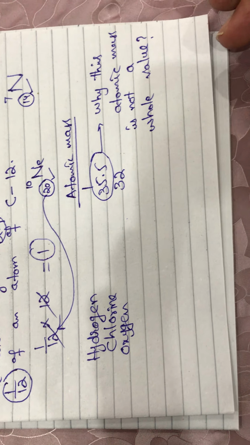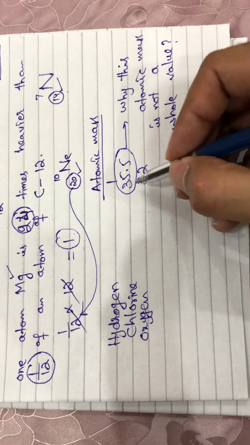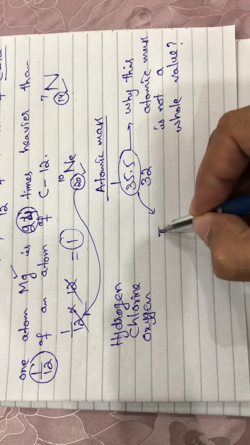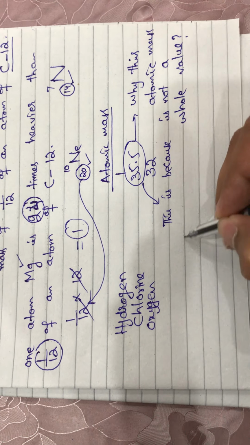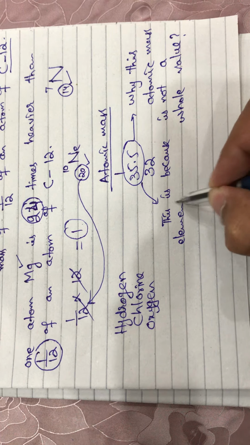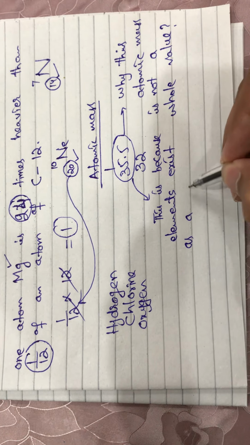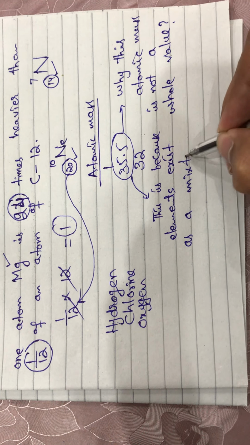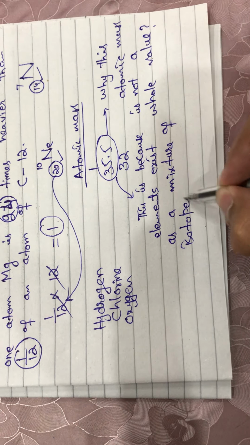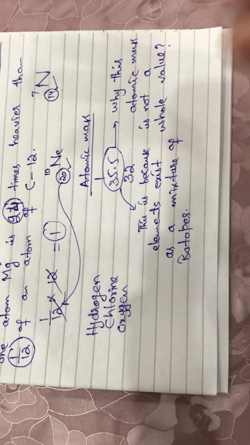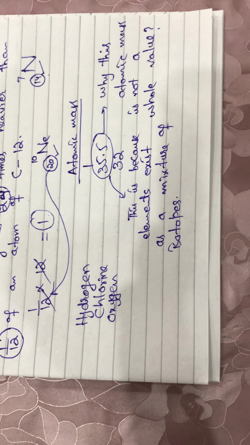So we can say this is because elements exist as a mixture of isotopes. Those mixtures of isotopes are responsible for these decimal values.